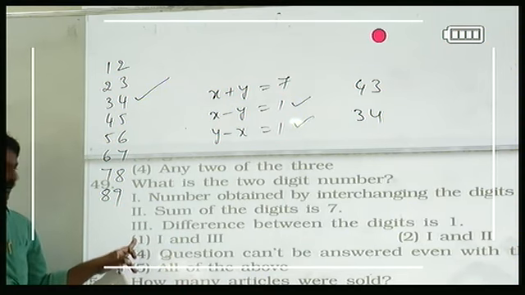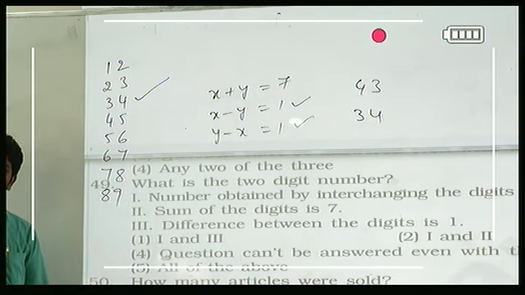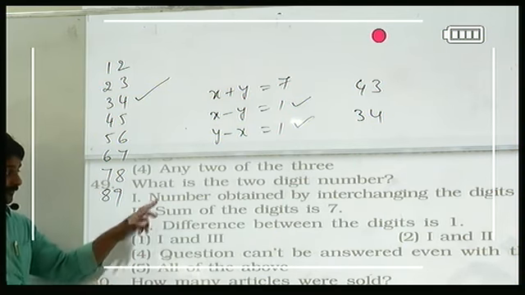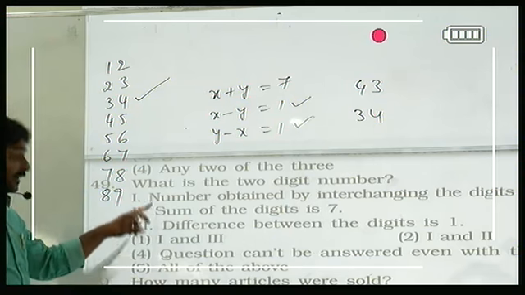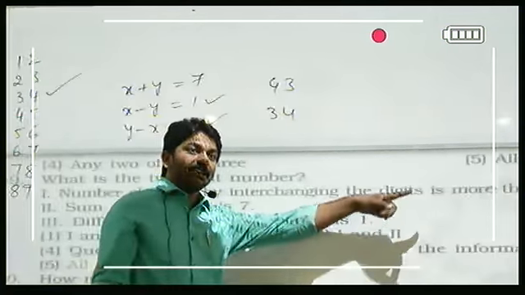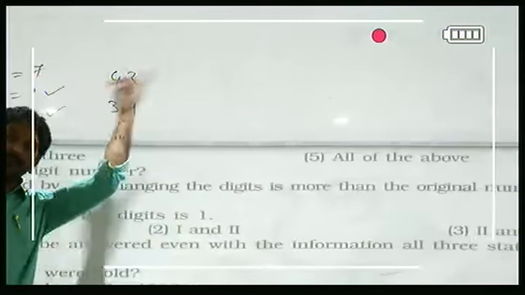Understand? Will you get the answer from 1 and 2? Yes. Look at this: the number obtained by interchanging the digits is more than the original number.